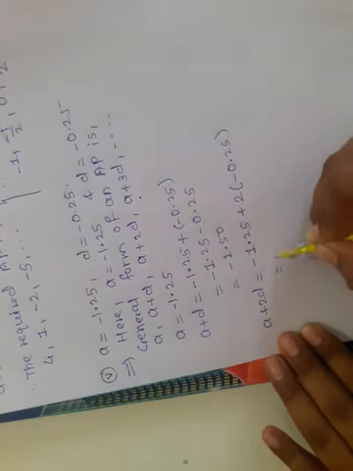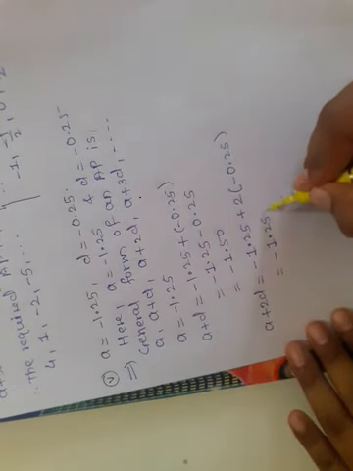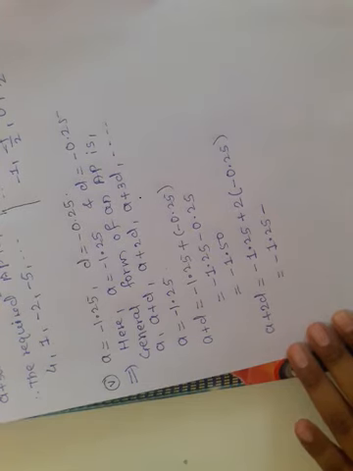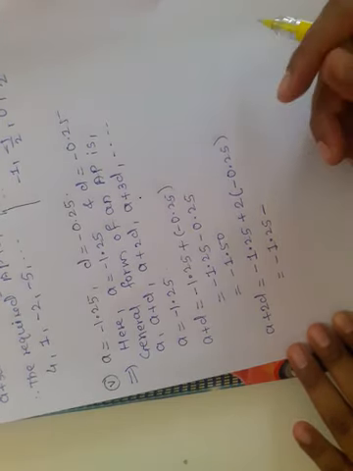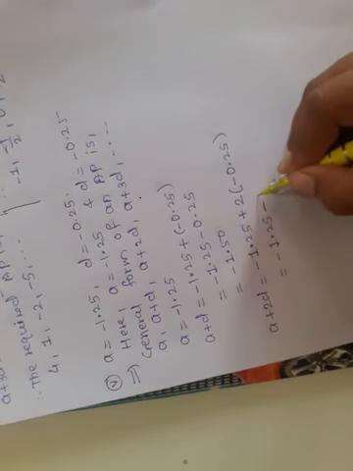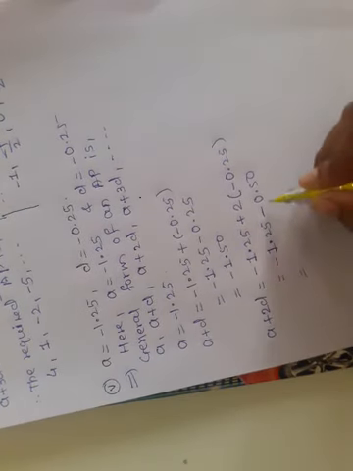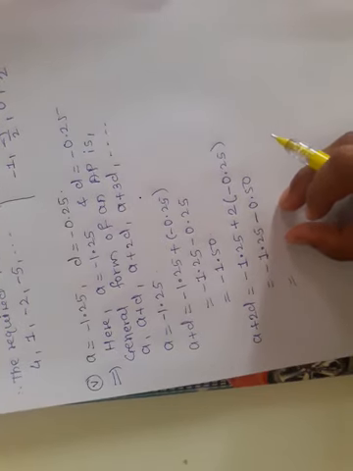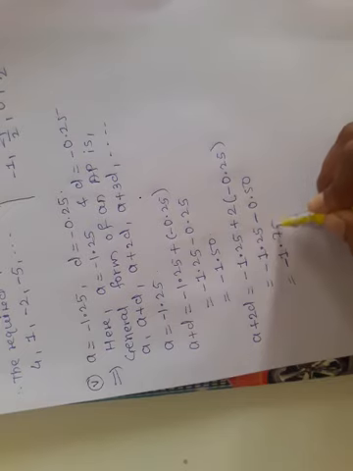Taking the multiplication, we get minus 0.50, and now add, because similar signs are there. If the signs are similar, then we take their addition, so we get minus 1.75.